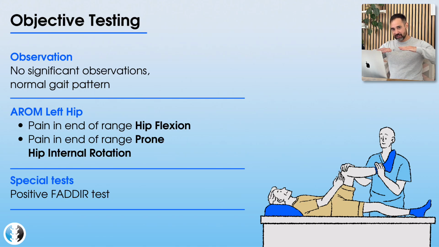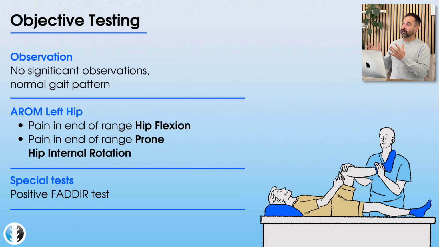So you lie the patient prone on their front on the bed, and then we internally rotate the hip from there, and that also seemed to irritate their symptoms. Finally, we had one particular special test that we did, which was a FADIR test, flexion, adduction, internal rotation, and this was positive for the patient.